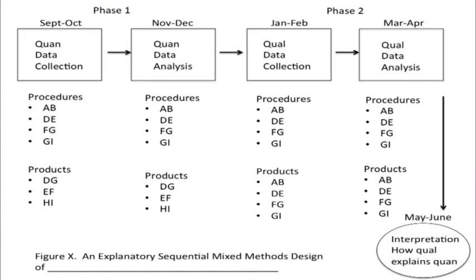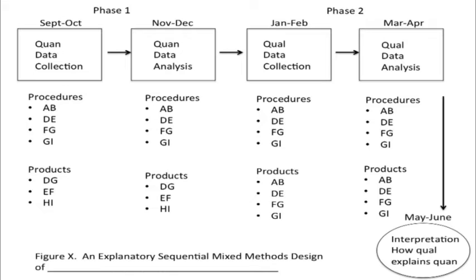Now we can go to a sequential basic mixed methods design. So here's an example of putting boxes and circles in. I've put this is an explanatory sequential design. So you can see I have first quantitative data collection, quantitative data analysis, followed by qualitative data collection and analysis, and then an interpretation circle.